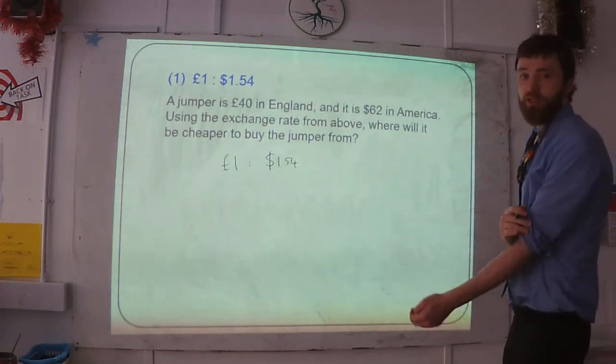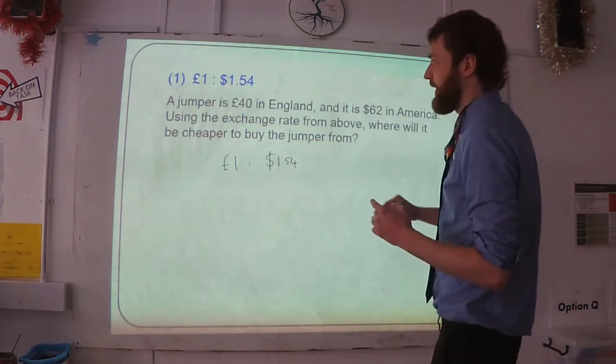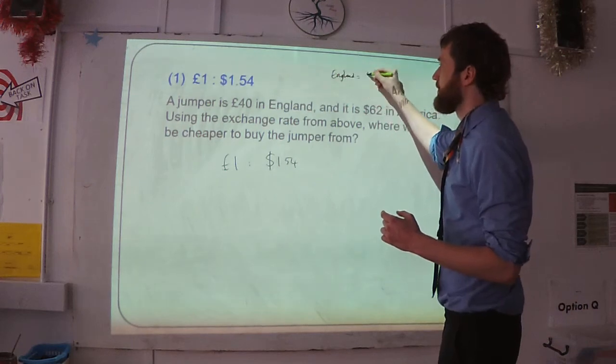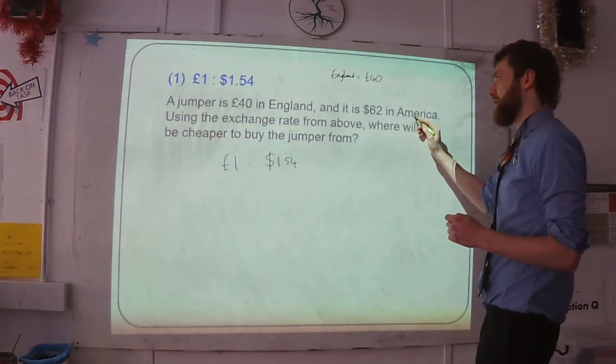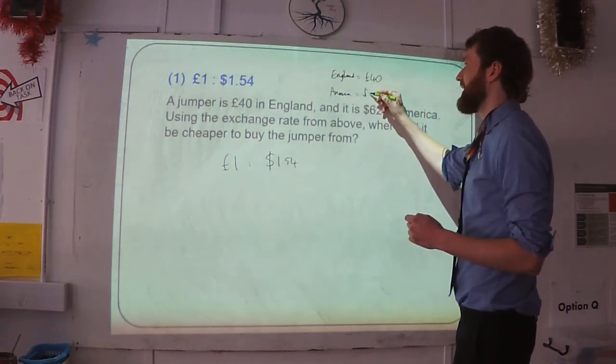Right, slightly different type of question, this one. A jumper is £40 in England, and it's $62 in America. So in America, the same jumper is $62.